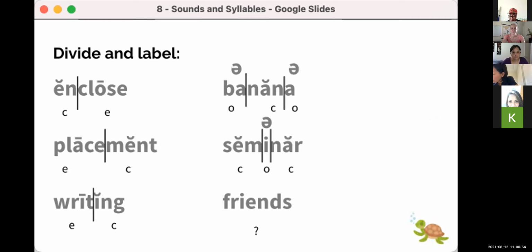All right, let's check our syllable division. You can see our short and long vowel sounds and how the different syllable types change those sounds. Okay, how did you do?